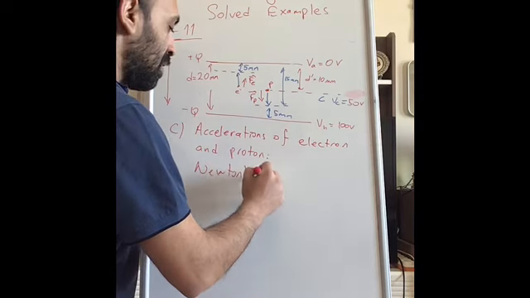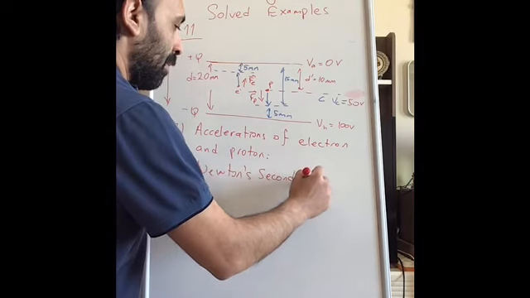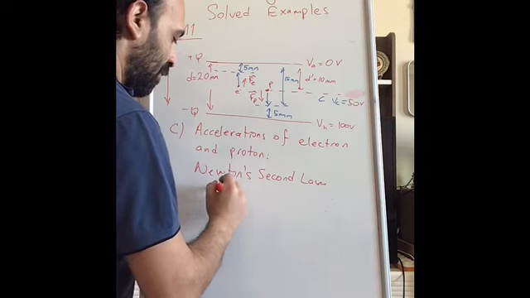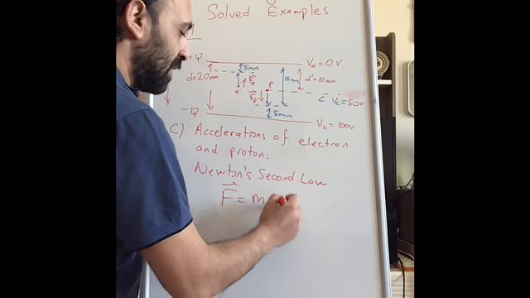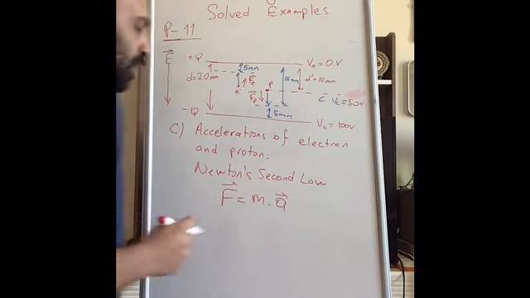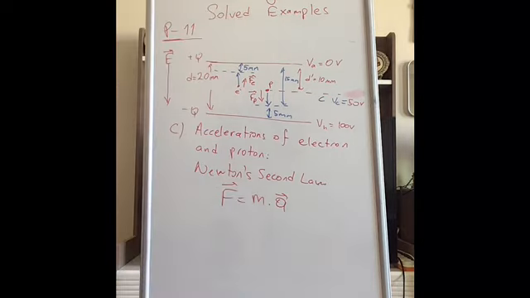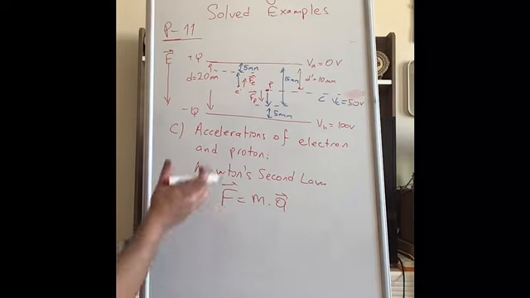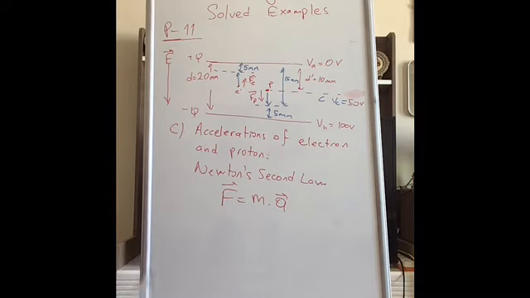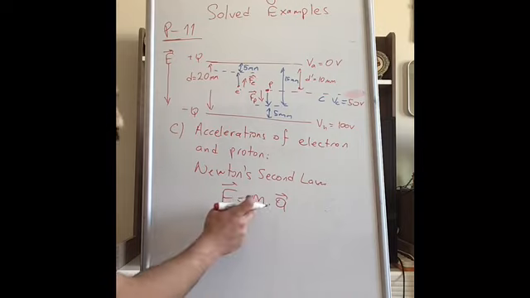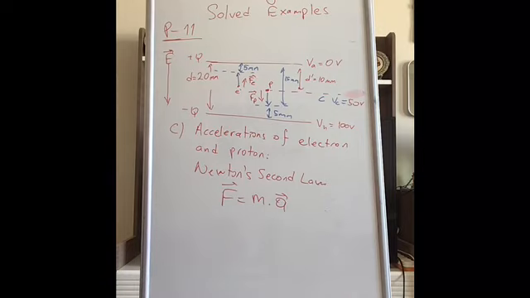Newton's second law: F will be equal to the mass of the object times its acceleration. So we need to know what the masses are for the electron and proton, and we are using Newton's second law as we did while we were discussing mechanics. So we are going to use the masses in units of kilograms.